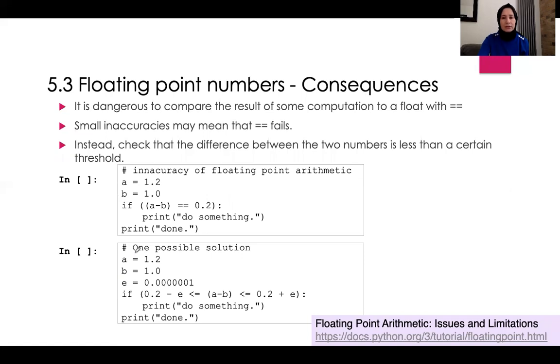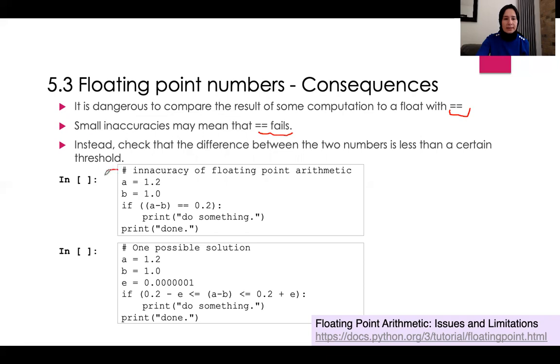As a consequence, it is dangerous to compare the result of some computation to a float with the equivalence sign in Python, right? Some small inaccuracies may mean that this will fail. Let's look at some examples.